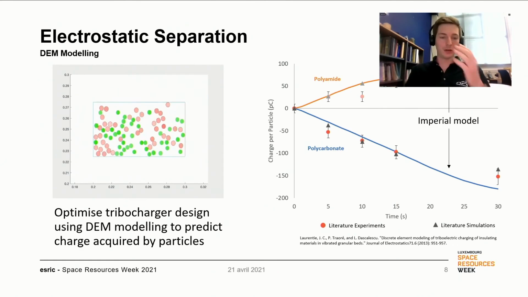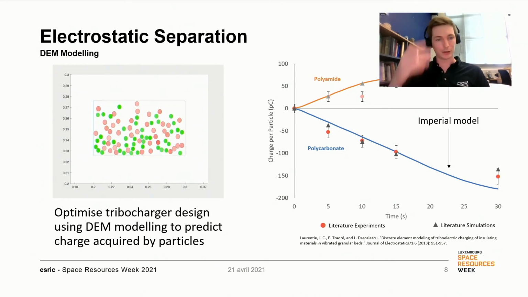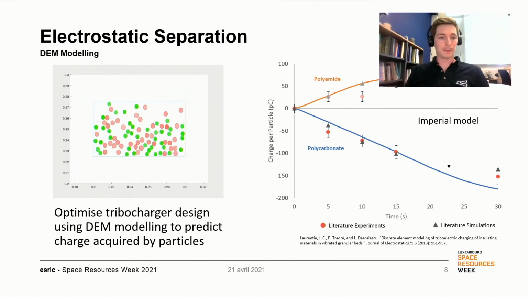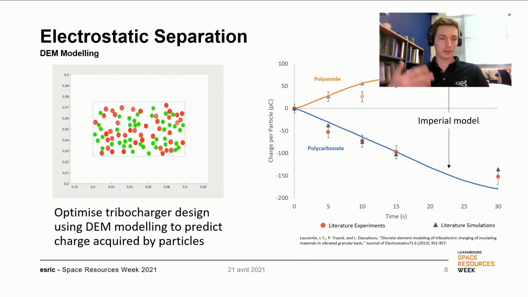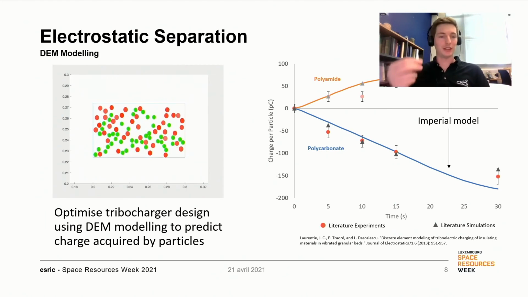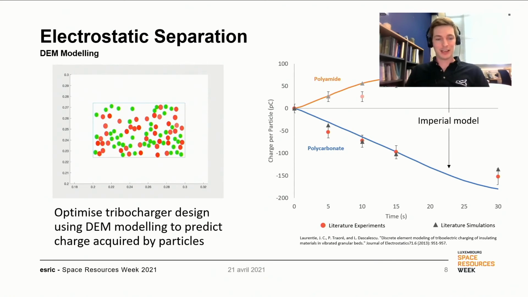This video animation on the left is a DEM model that Joshua put together for a mixture of two types of particle spheres. As the charge builds up, you see the color gets more intense on the particles. This is being done to try and optimize tribocharger design.